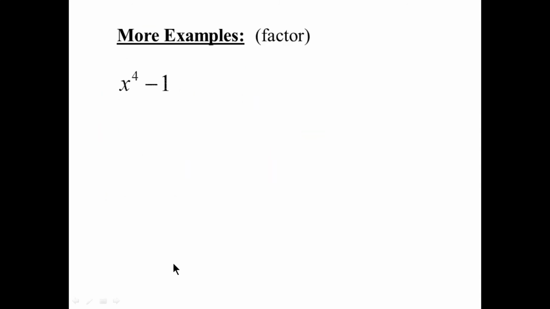More examples of factoring. If we see an even exponent, we know the expression is a perfect square. So this is a difference of squares. It's x squared squared minus 1. So when we factor it, we'll get x squared minus 1 and x squared plus 1. 1 is a perfect square.